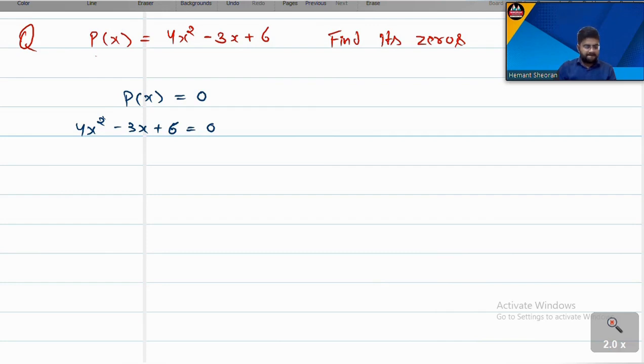We can put 6 on the other side first. That's not the way. The first step after this is to do the factorization. So how will we factorize this quadratic equation?